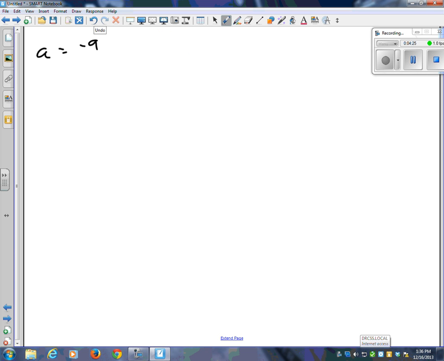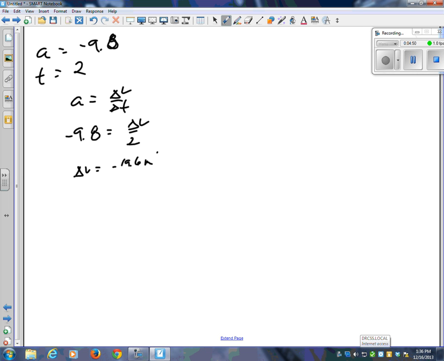Acceleration is minus 9.8. The time, once again, still 2 seconds, right? So a equals delta v over delta t. Minus 19.6 meters per second.